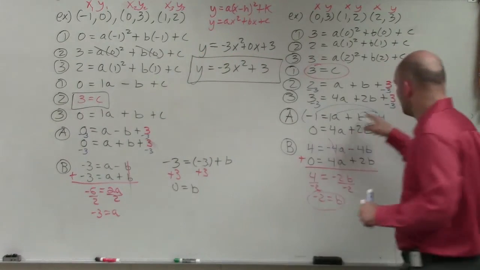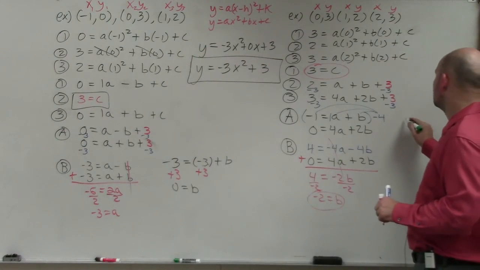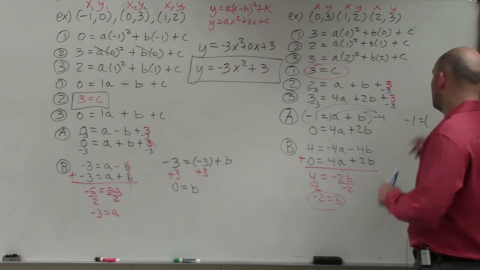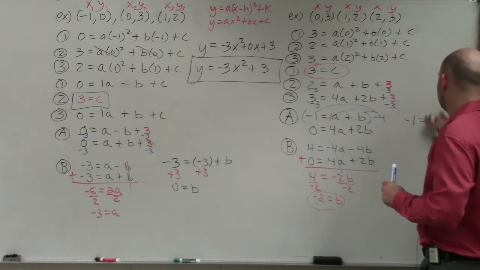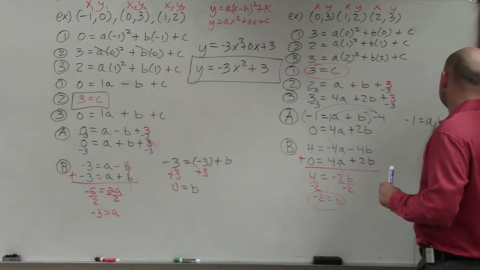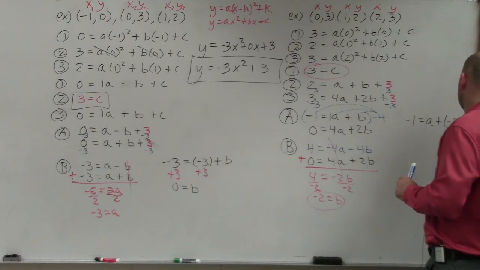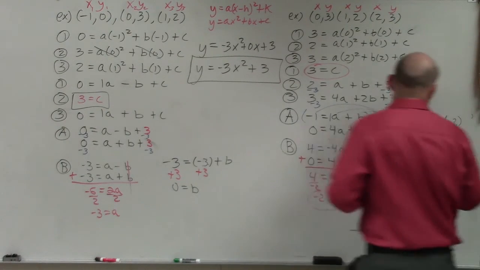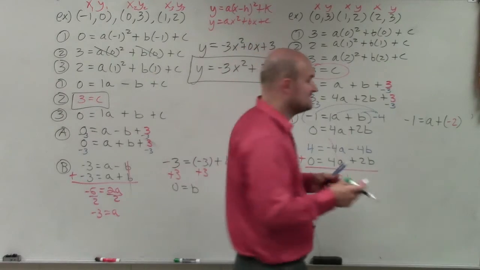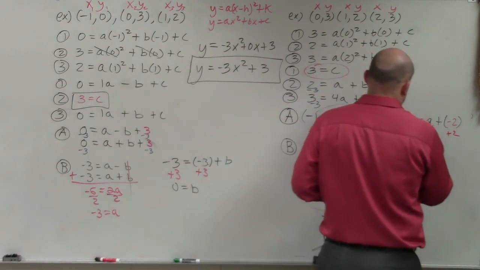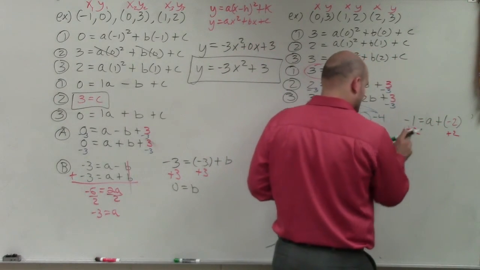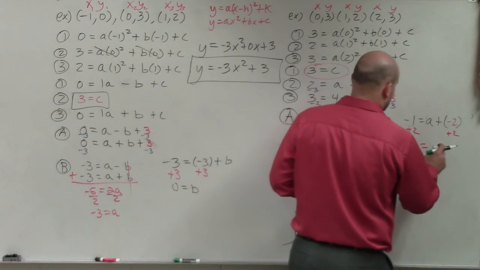So I'm going to plug into the top equation, the one where I entered negative 1. So I have negative 1 equals a plus negative 2. Now to solve for a, all I need to do is add 2 to both sides. And what I get is negative 1 equals a.